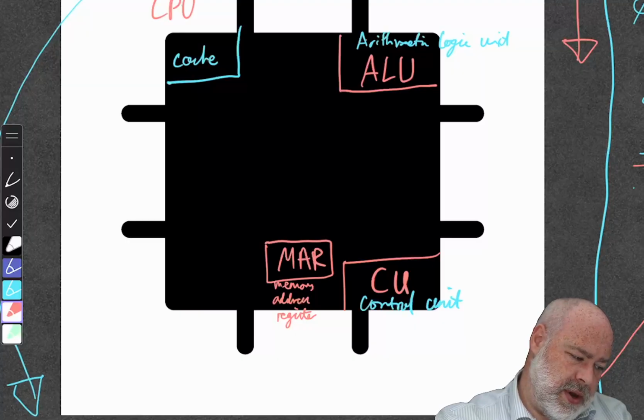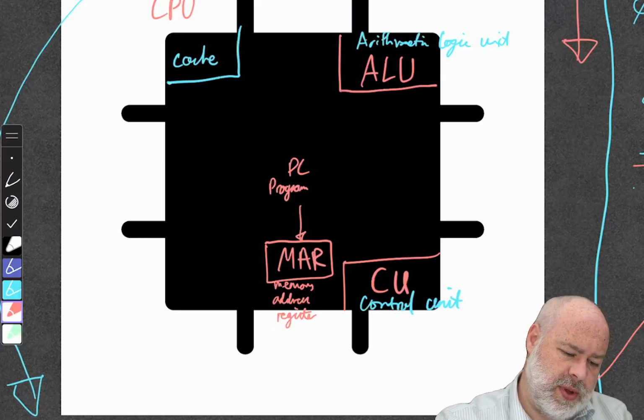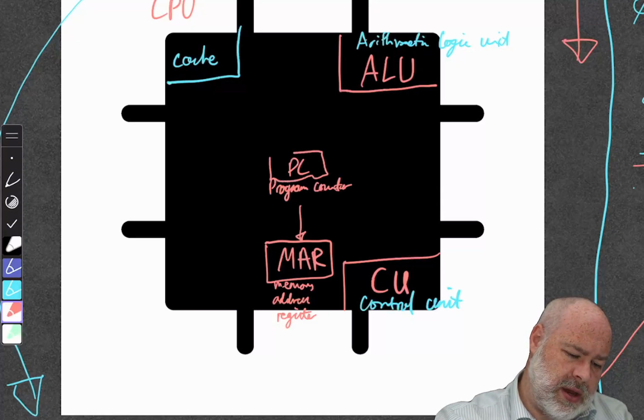We're going to have an MAR. We're also going to have what we call a program counter. And that does not stand for personal computer, that's program counter, which keeps track of what we should be doing at any particular time. And don't worry, I will talk to you about how these all work together very soon.